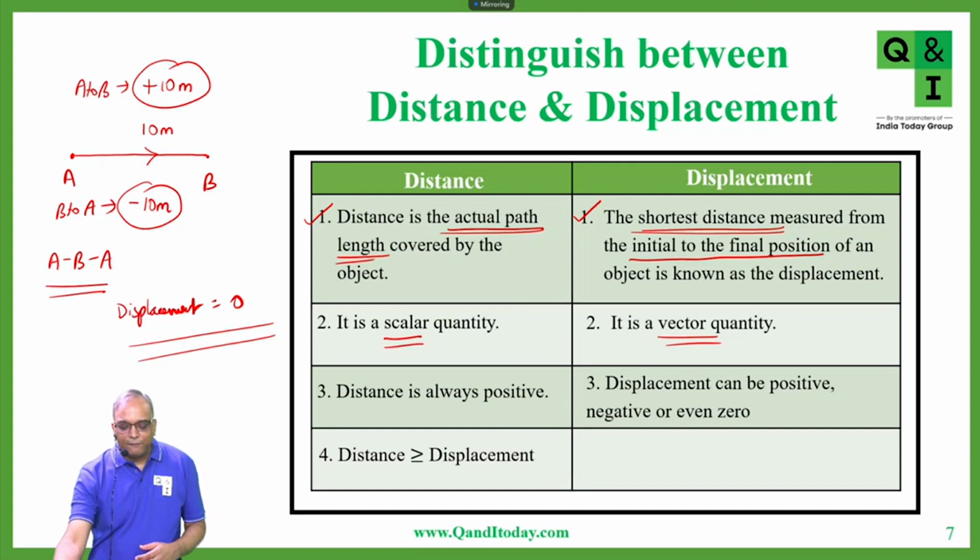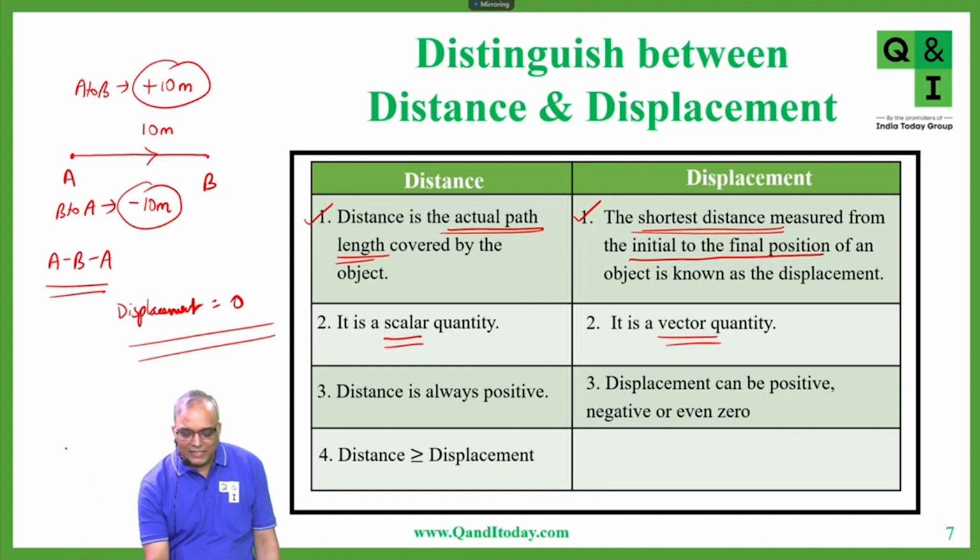So now the fourth point: distance is always greater than or equal to displacement. What does this mean? We saw an example yesterday that if a body moves from A to B, it can either go in a curved path or it can go straight, right?